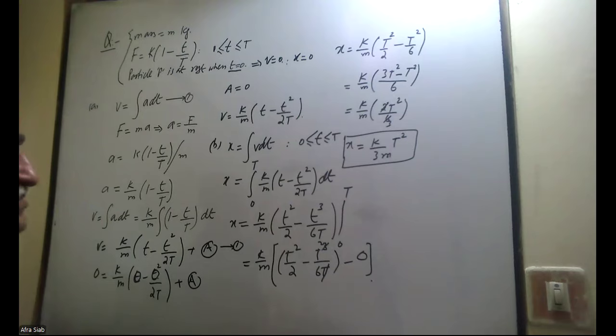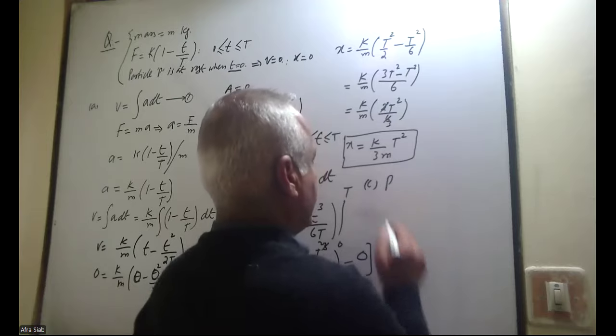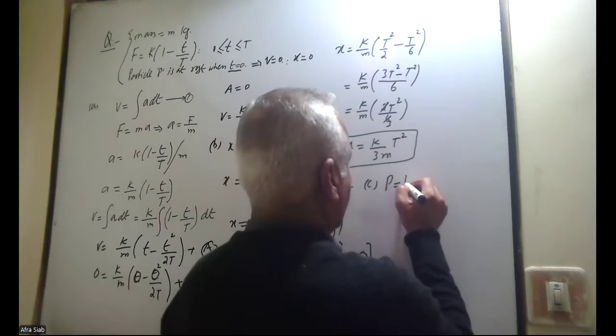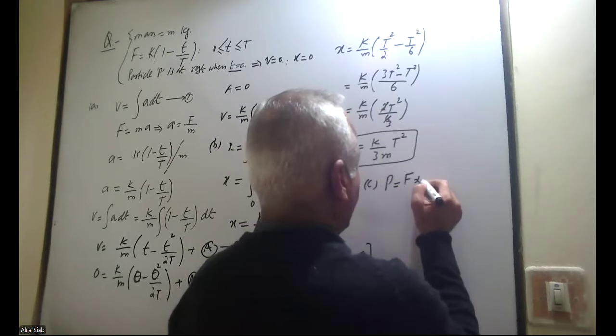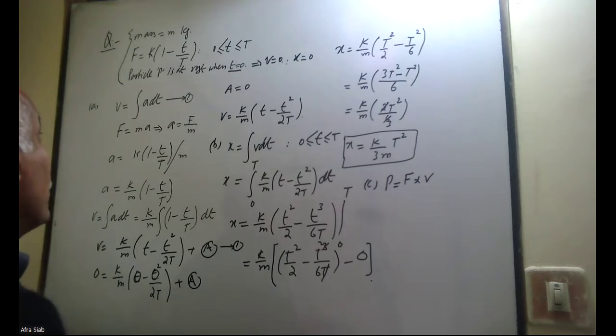Now the third part, C, they are asking to find the power. Power is equal to force times velocity, and we got these two equations from the previous parts.